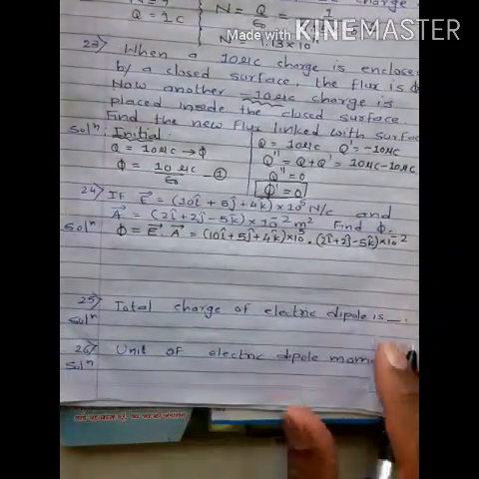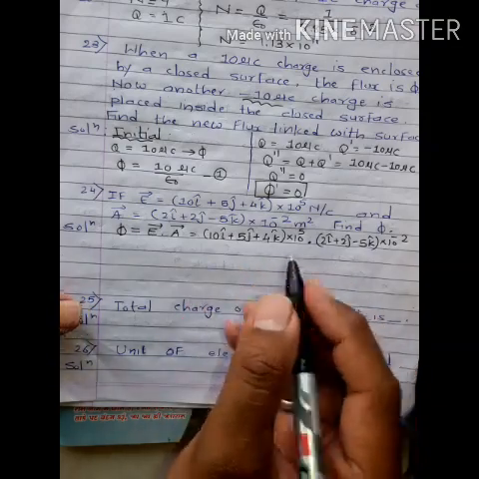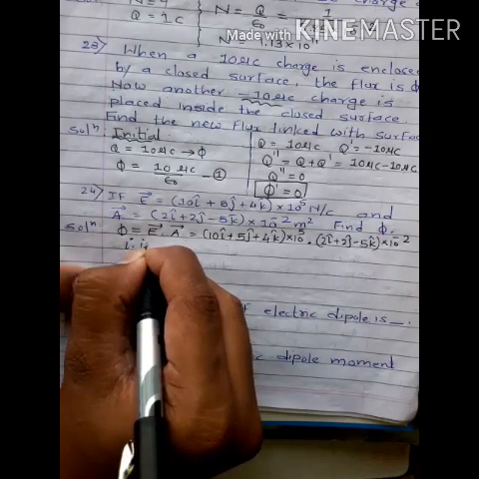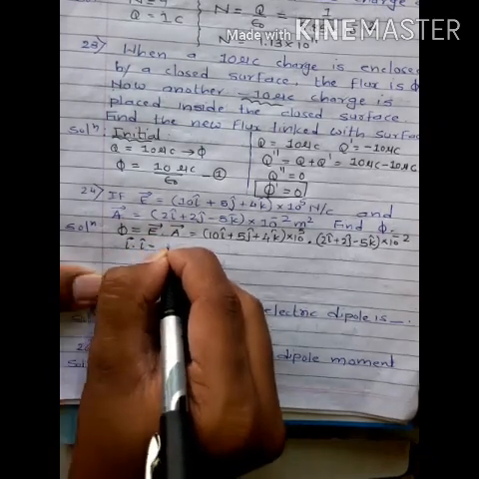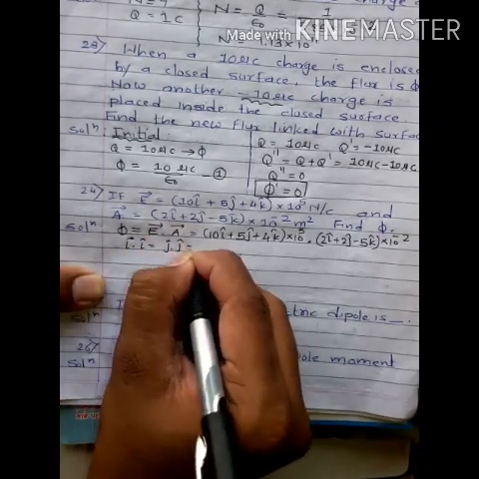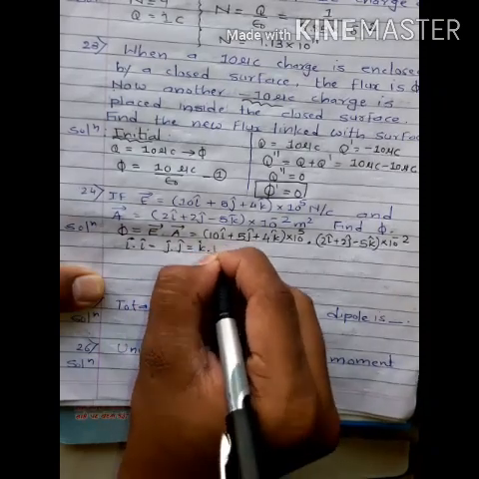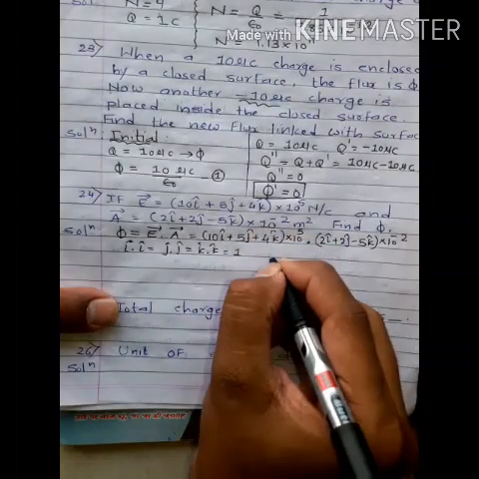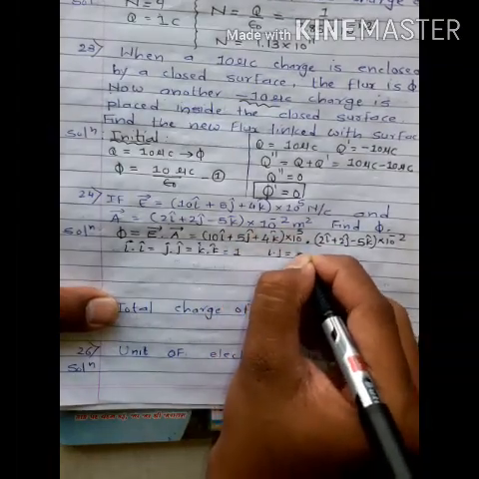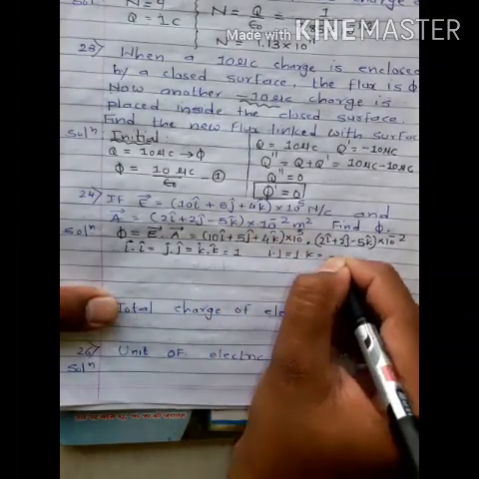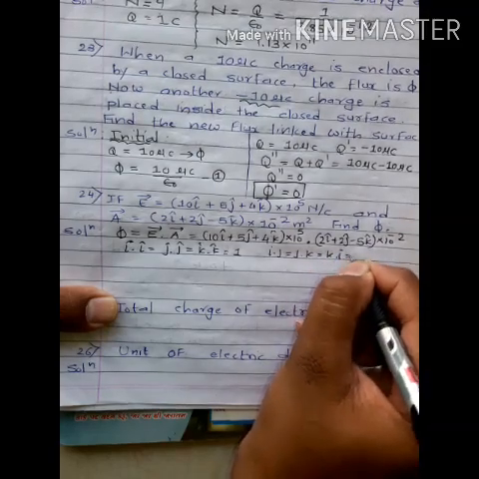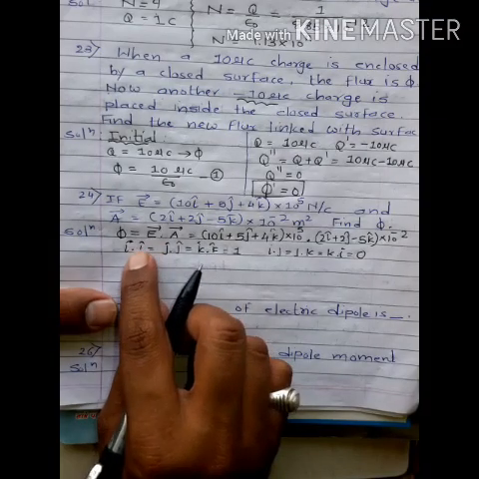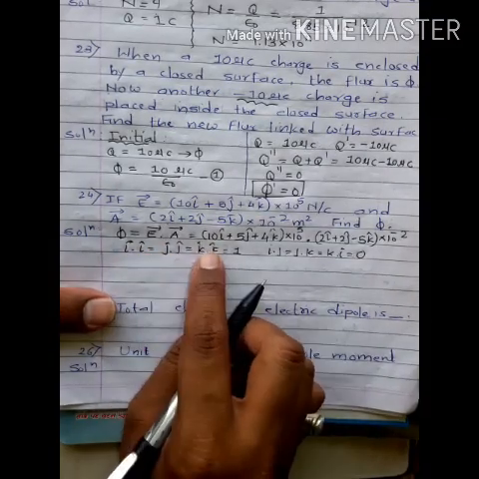Now here we consider the dot product of unit vectors. So remember simple rules. i dot i is equal to j dot j is equal to k dot k is equal to 1, and i dot j, j dot k and k dot i are equal to 0. So here we consider the dot product of the same unit vector.